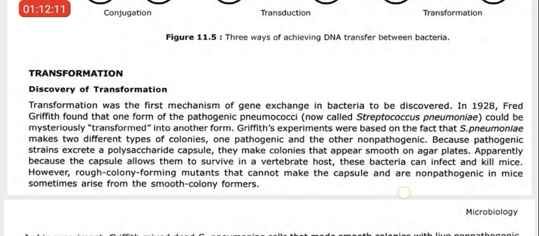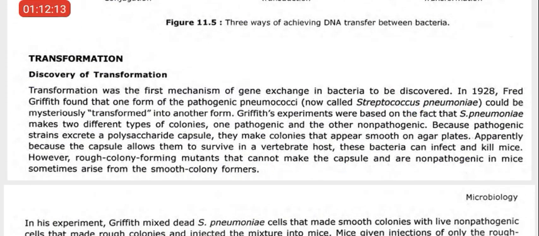Transformation. Discovery of transformation. Transformation was the first mechanism of gene exchange in bacteria to be discovered. In 1928, Fred Griffith found that one form of the pathogenic pneumococci, now called Streptococcus pneumoniae, could be mysteriously transformed into another form.